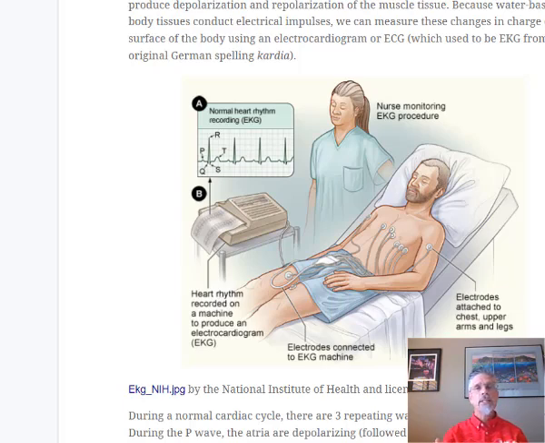And with an EKG, what we're doing is we're measuring the electrical activity of the heart overall, right? And because the different tissues and fluids of the body will transmit a charge, they're conductive, we can measure those changes in electrical activity of the heart as it's working on the surface of the body, right? So that's where we have the electrodes attached to the surface of the body.